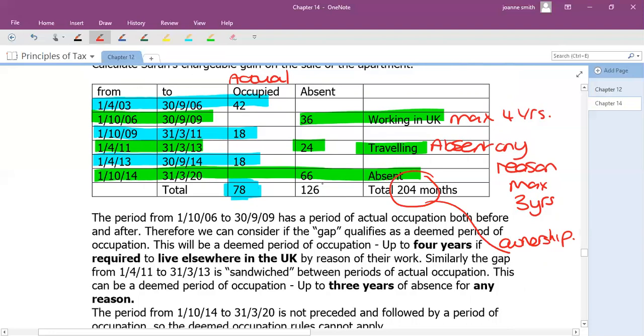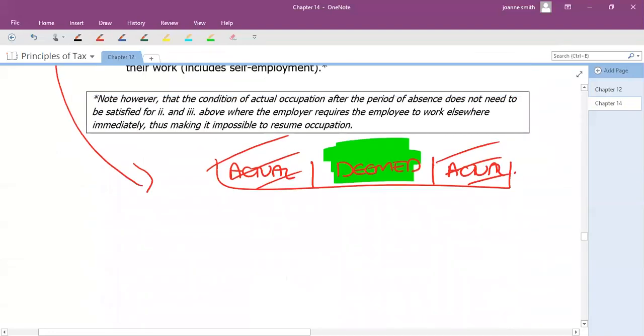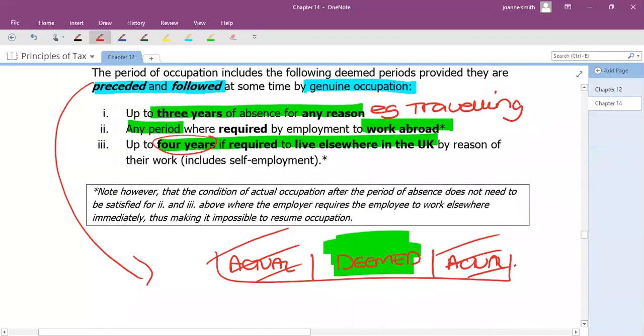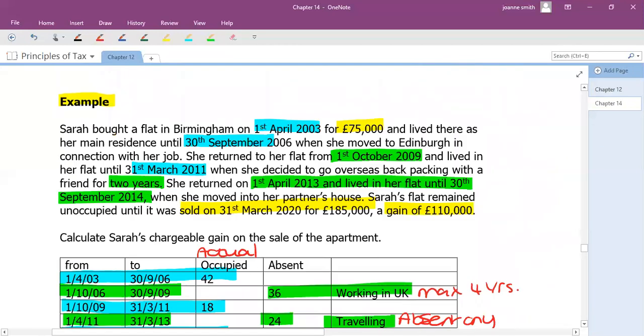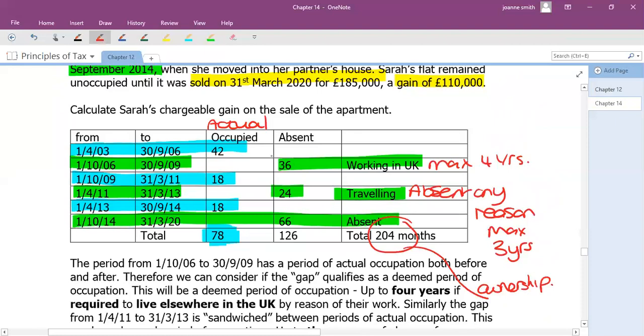Now, what we need to know is, were any of those absent periods classed as deemed occupation? So remember, it's got to be one of these 3, and it must be sandwiched between 2 periods of actual occupation. So we can claim the working in the UK, because before she worked away she lived in the property, and directly after she moved back in.